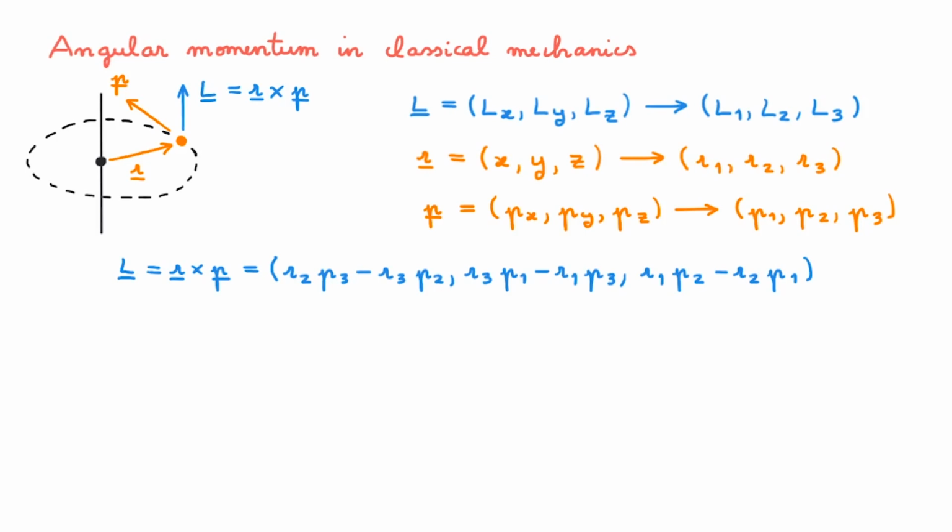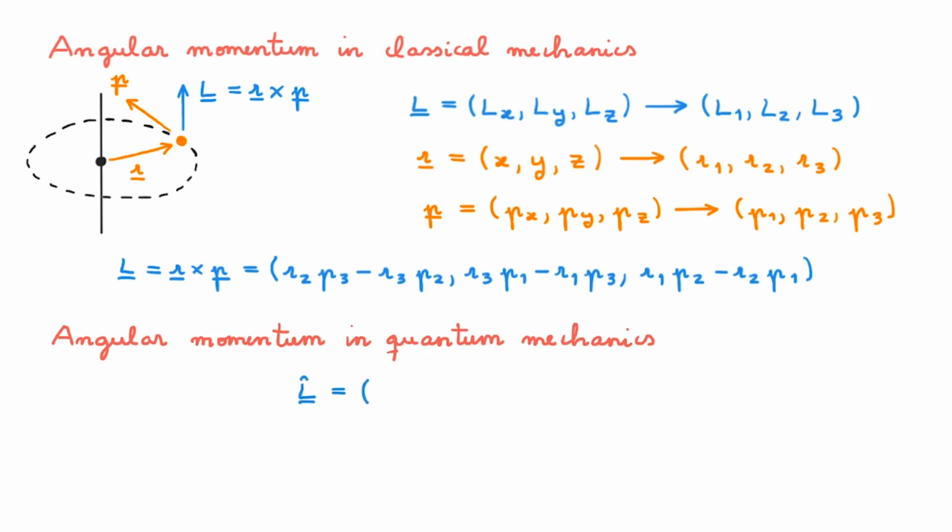So what is angular momentum in quantum mechanics? Angular momentum is described by an observable L hat, which is really made of three observables, L1 hat, L2 hat, and L3 hat. In classical physics, angular momentum is a quantity given in terms of position and momentum, so we can straight away use the usual quantization rules to promote these two quantities to the corresponding quantum mechanical operators.